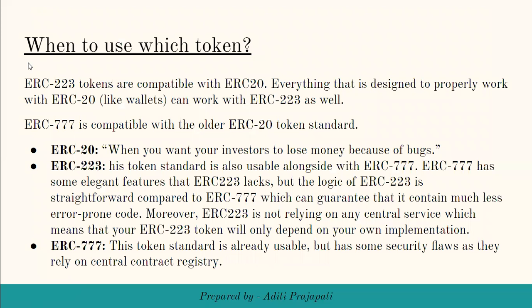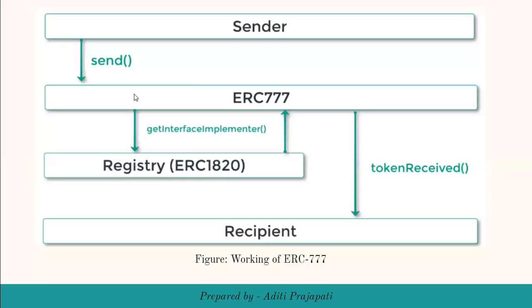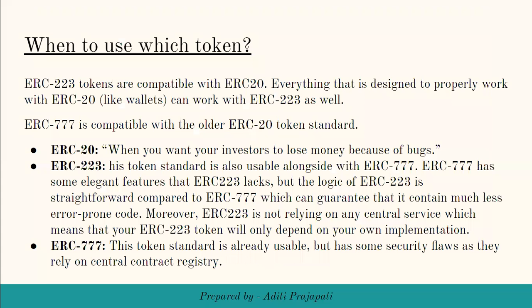Now, up till here we have studied the three types of token standards. Now, for example, we want to know when to use which token. So you can go for a comparison, and according to your situation, you can select any kind of standard. ERC223 as well as 777 are both compatible with the ERC20 token standard.